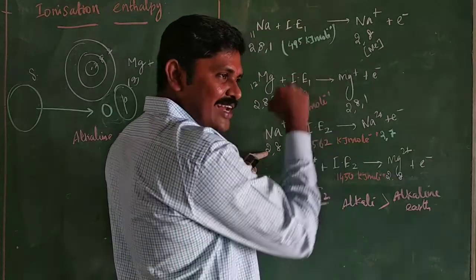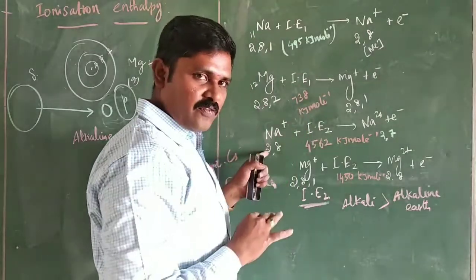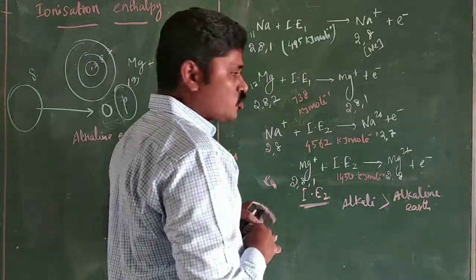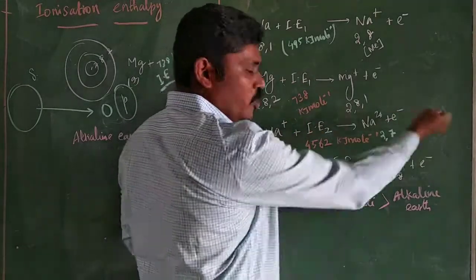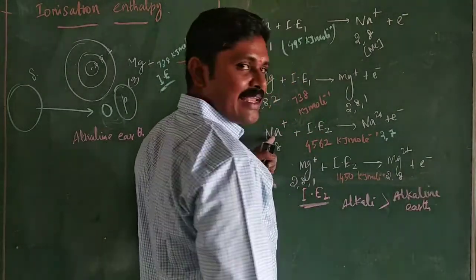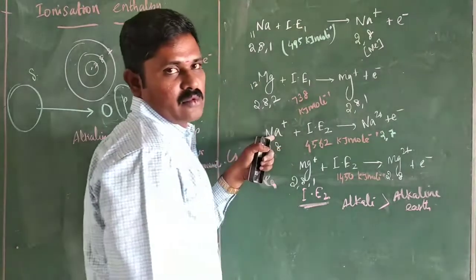The cations of alkali metals have already reached a noble gas electronic configuration, which is more stable, so more energy is required to remove one more electron from the cation.